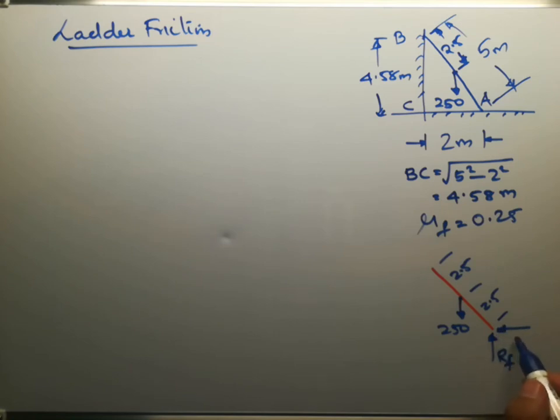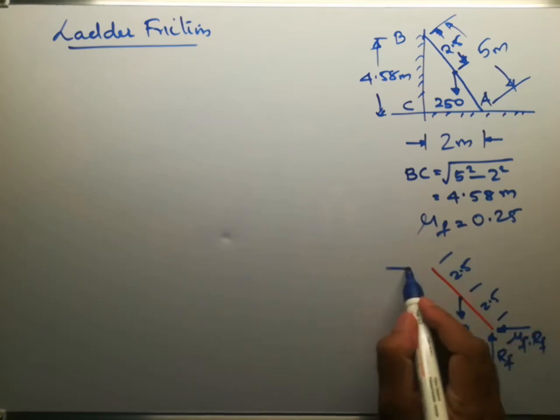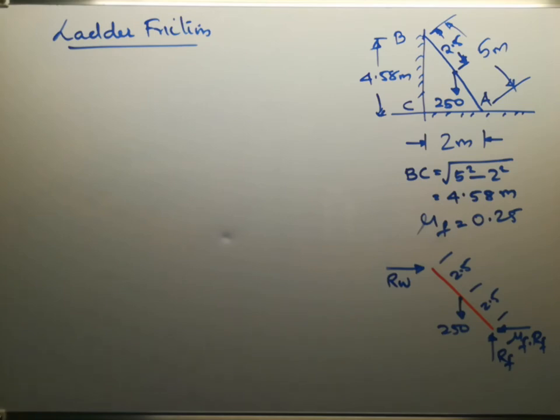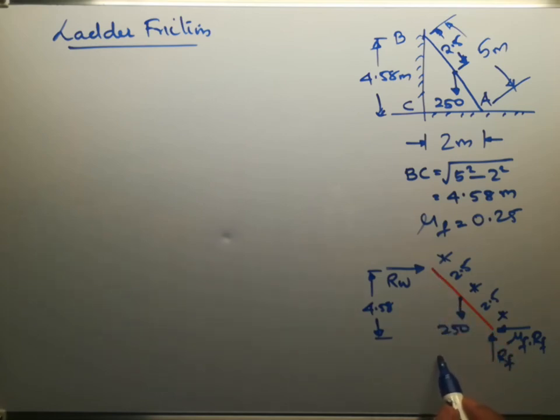This is the limiting friction, mu F into RF. This is the reaction from the wall, RW. This length is 4.58 and this is 2.